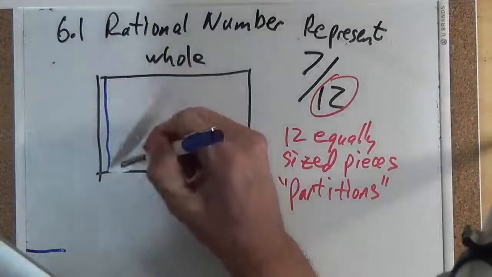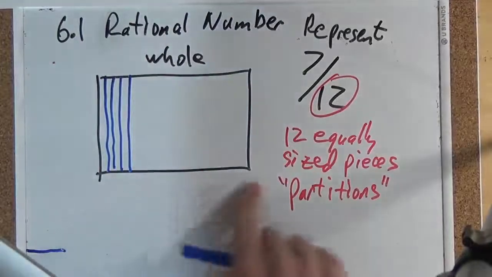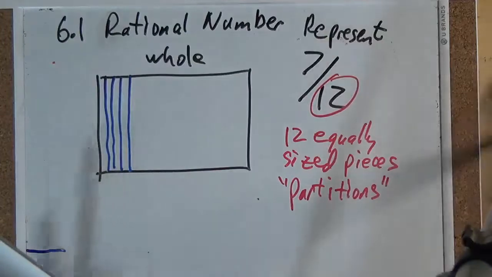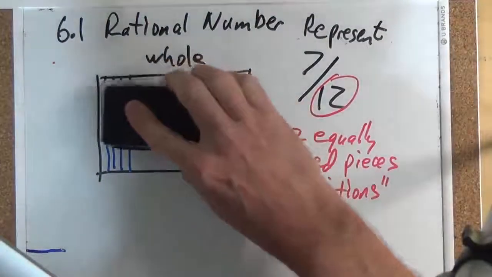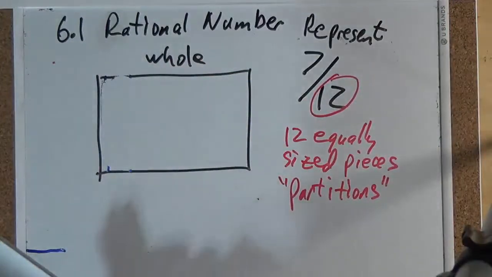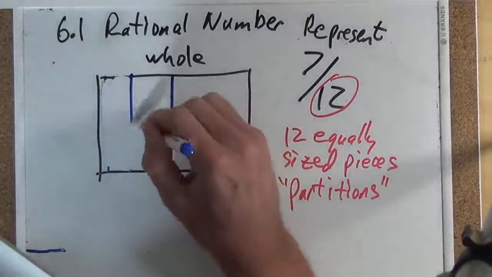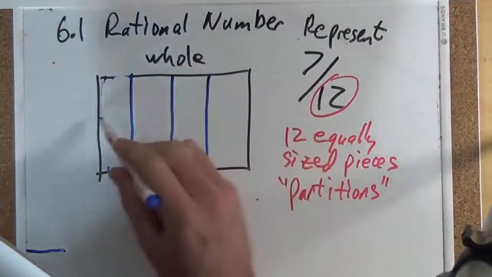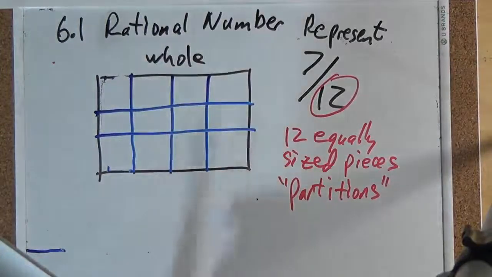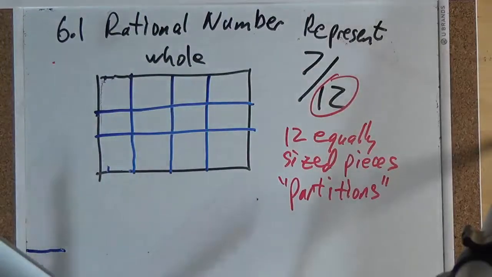Do not try and do this. You can see just how messy it is, and you'll be lucky if you get 12. It's really hard to see something like that. So very early kids learn, and I learned, that if I'm going to make 12 equally sized pieces, it's a lot easier to go 4 this way, and then do my thirds this way, and notice now I have beautiful 12 equally sized pieces, kind of.